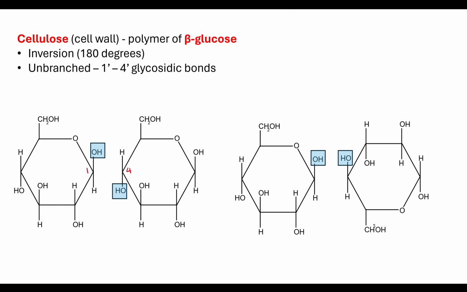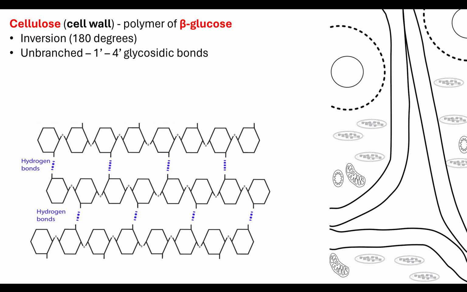And that therefore leads to an unbranched 1-to-4 glycosidic bond, but it's a beta 1-to-4 glycosidic bond because of this inversion. So if we looked at our cellulose, which is part of our cell wall in plants, we know that it's inverted 180 degrees every unit. We know that it's unbranched and that it has a 1-to-4 glycosidic bond.